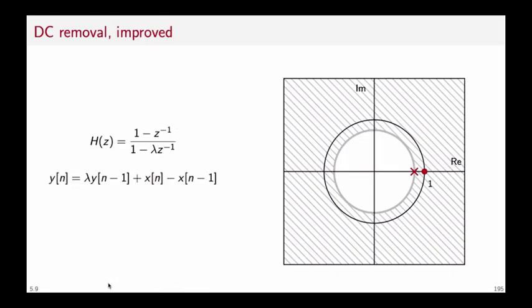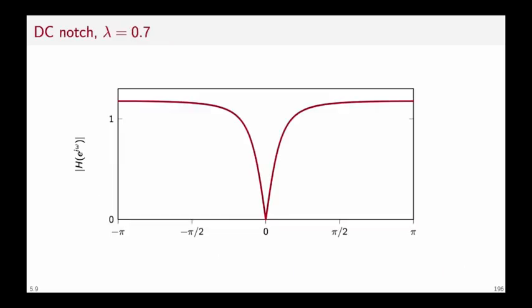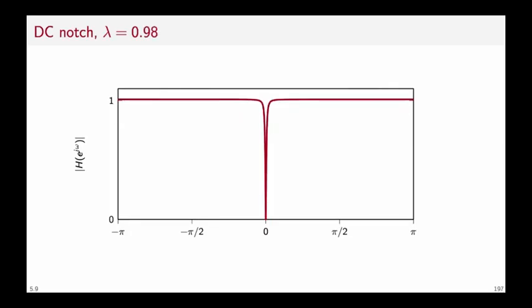In the time domain, we have that the output is now lambda times the output at n minus 1 plus x of n minus x of n minus 1. If we plot the modified notch, we obtain a characteristic that varies with different values of lambda. And as lambda grows closer to 1, the notch becomes more narrow.